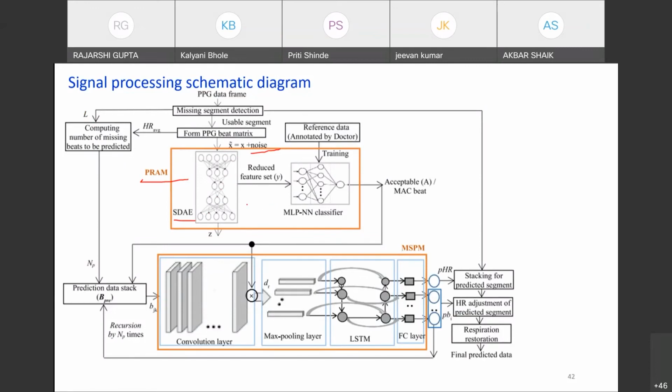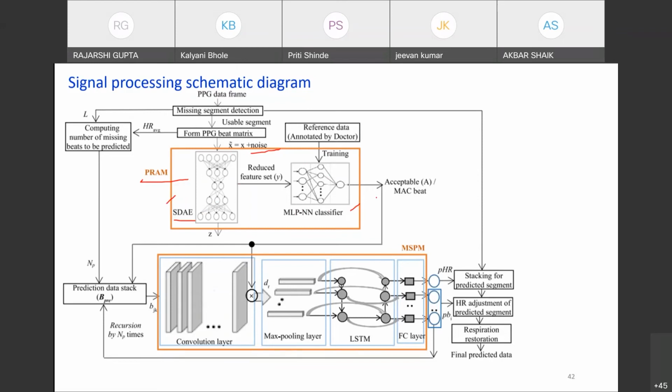This stacked denoising autoencoder is followed by a multilayer perceptron neural network, where we jointly train both in a single epoch. Normally, when you train one unit like an MLPNN or an autoencoder, it is done separately. But the unique thing done here is that the training of the SDAE and the MLPNN was done jointly.